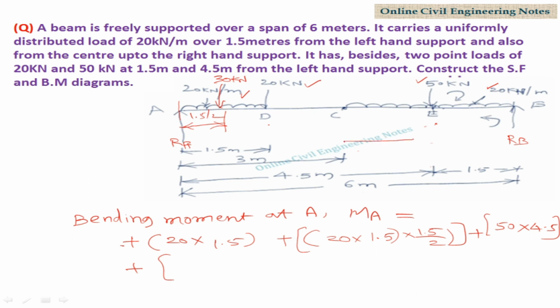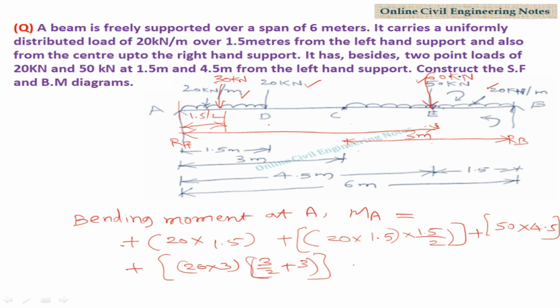This is 3 meters. First convert the UDL into point load: 20 into 3, that is 60. So after converting, we can write the UDL as a point load with 60 kilonewton and take the perpendicular distance of this force acting at a point to A. This is the perpendicular distance from C to E, 3 by 2, plus from C to A, 3 meters.